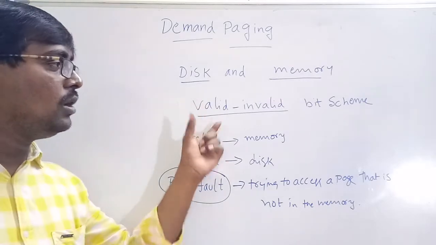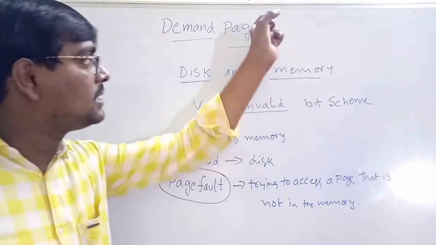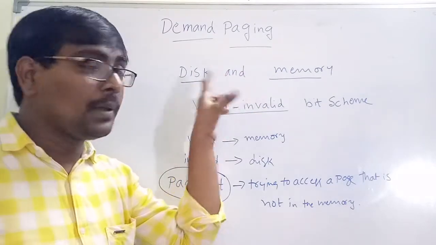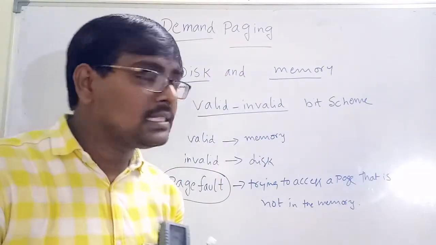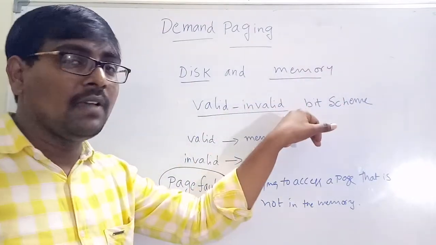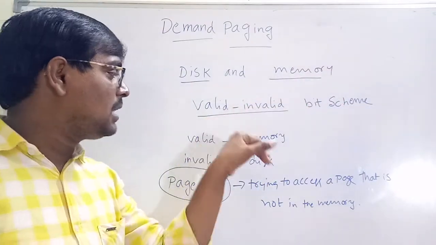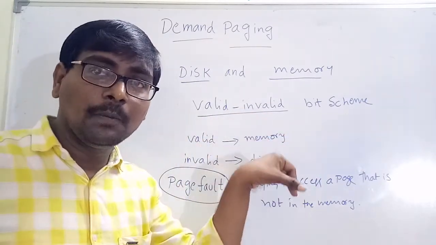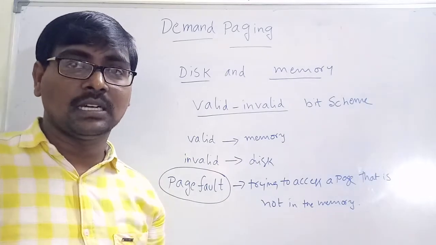The second option is to load only the required pages, which is called demand paging. Next, to differentiate the pages present in the disk and memory, we use the valid and invalid bit scheme. Valid means the page is present in the memory. Invalid means the page is not present in the memory or the page does not exist.